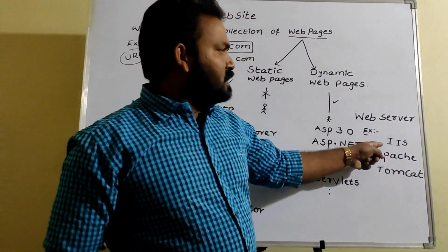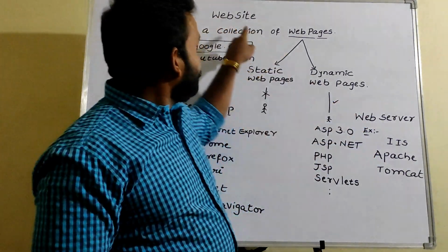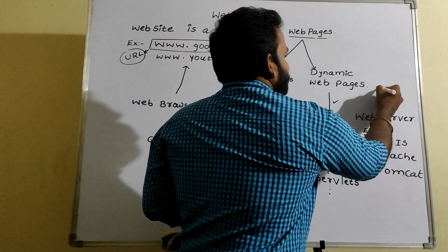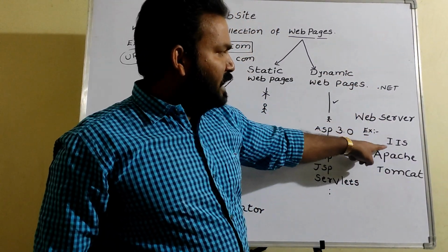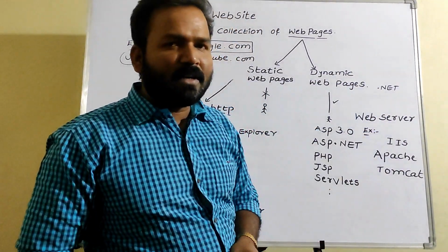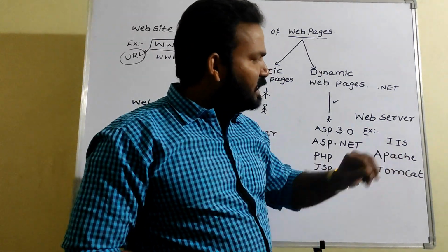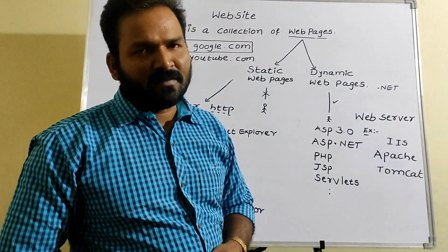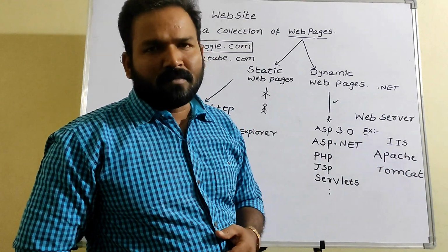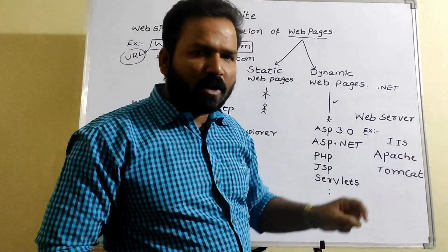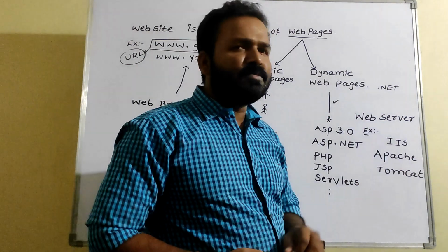These are examples of web server. For .NET websites, IIS web server is used. For Java websites, Apache Tomcat web server is used. And another web server, WebStore. IIS, Apache Tomcat, WebStore, all these are examples of web server.